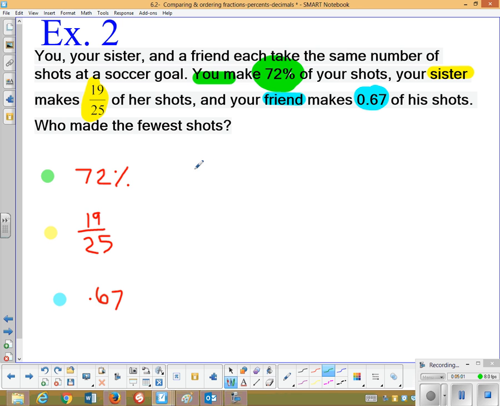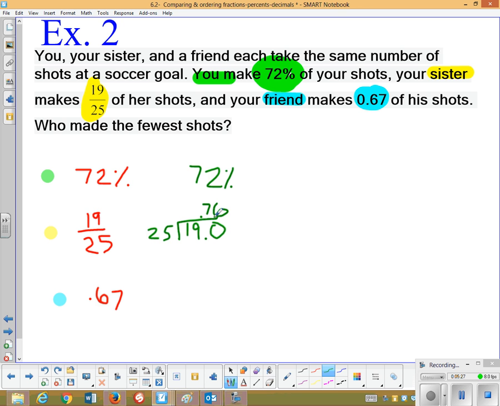So 72% is going to stay the way it is, so keep it like that. For 19 over 25, I'm going to have to show my work and show you how to get a percent by doing top goes in, bottom goes out. So 19 into 25 will give me 0.76.